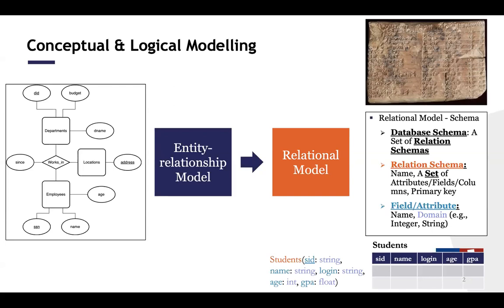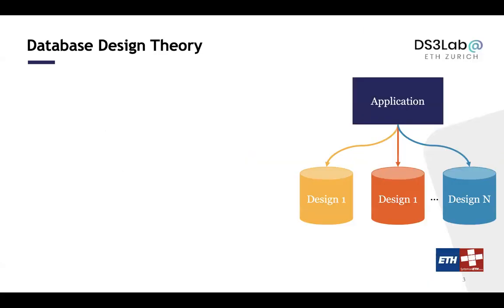And we were talking about the process of doing this translation. The fundamental challenge is that given one application modeled in your ER diagram, there are so many different ways you can translate them into a logical model. You can merge relations or you can decompose relations.